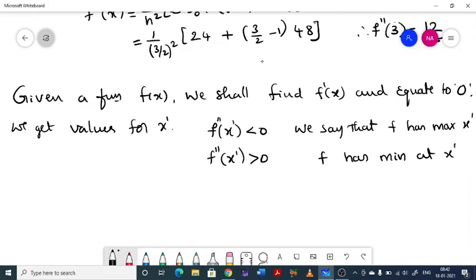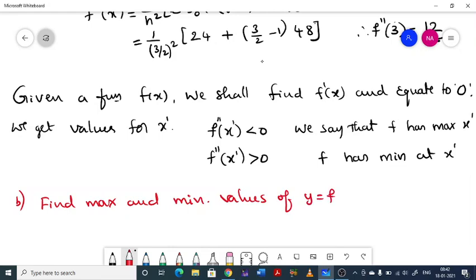So there is one problem on that. Find the maximum and minimum values of the function y equal to f of x given the data.